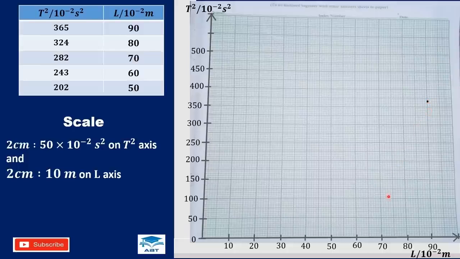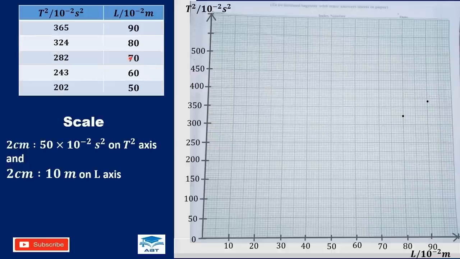And the second point, we have 80 on the horizontal axis and 324 on the vertical axis. So this is 300. One box is 5, so 300 and 5, 10, 15, 20, and the 4 will be in the next box.